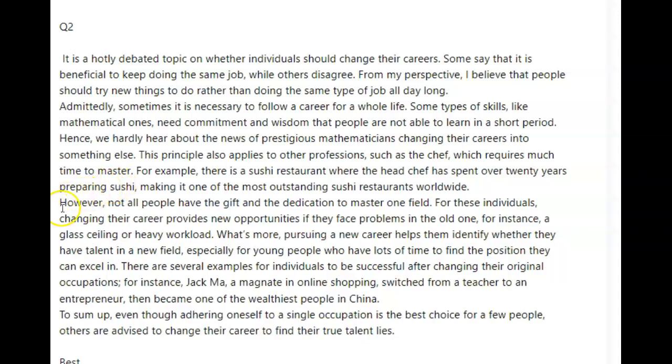And then the way you transition to the next paragraph, excellent. These individuals, excellent. Their careers, yes. The grammar here, look at how fluent this is. If they face new problems in the old one, a glass ceiling or heavy workload, excellent vocabulary. There was nothing wrong with the grammar, just those two little minor things in the conclusion.